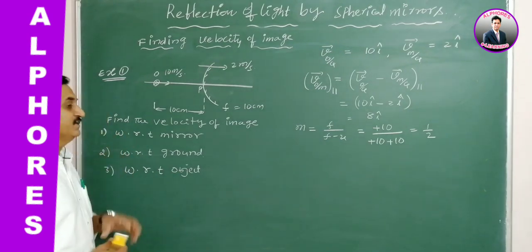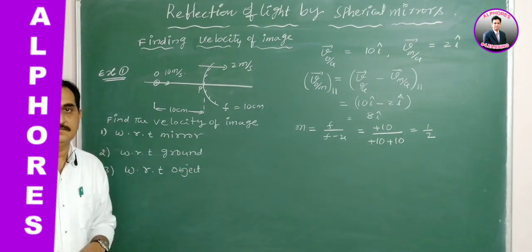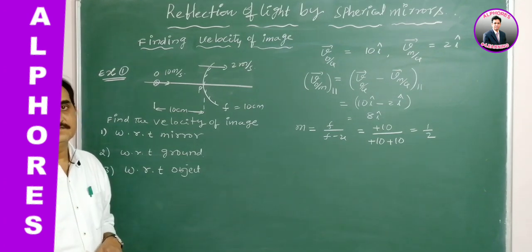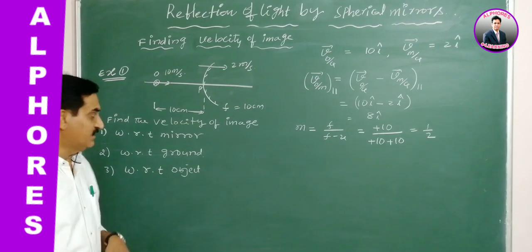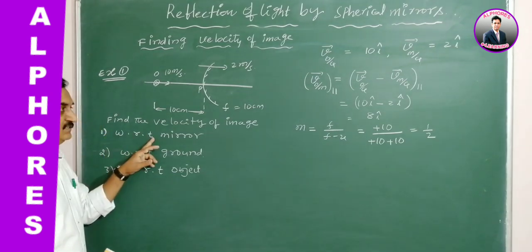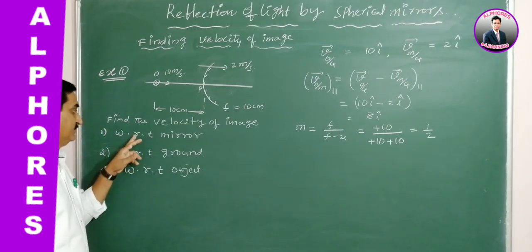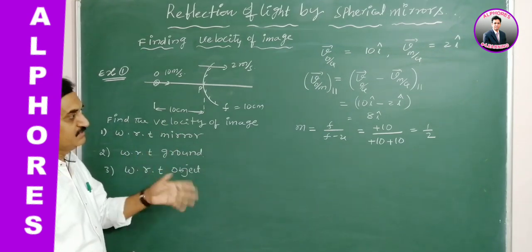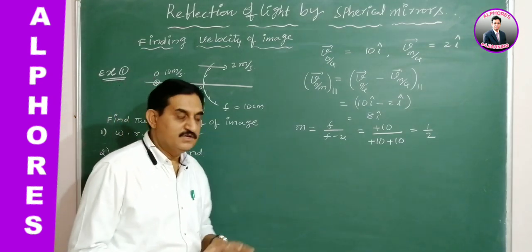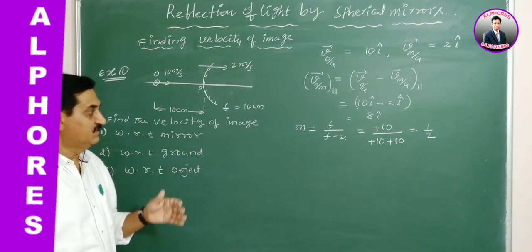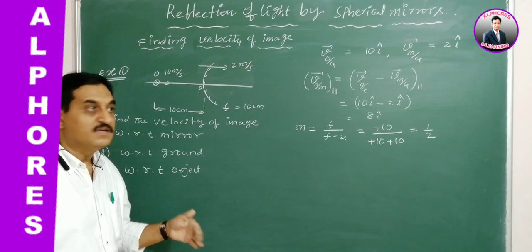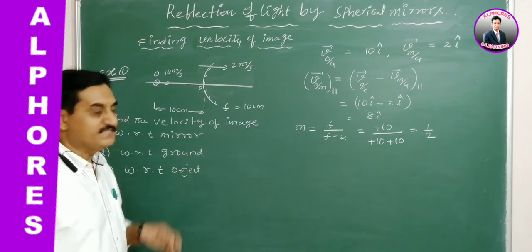It was already mentioned in plane mirrors while finding the speed or velocity of the image formed by the plane mirror. There also we calculated in terms of vectors, first with respect to the mirror. Here also, with respect to the mirror we have to develop first. For that we need these quantities because in the formula these quantities are reflected. How? We will see that.